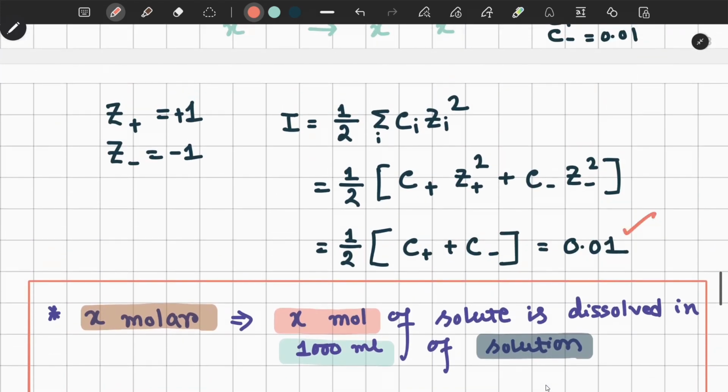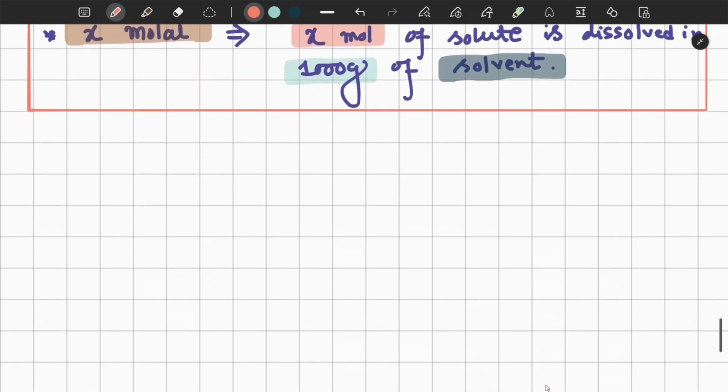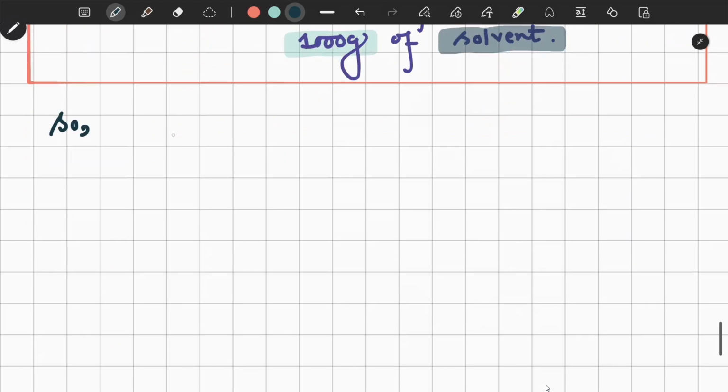This I is clear. Now after knowing I, it is very straightforward. So what will be our log gamma plus minus? That will be minus A Z plus Z minus root over I. What is the value of A?